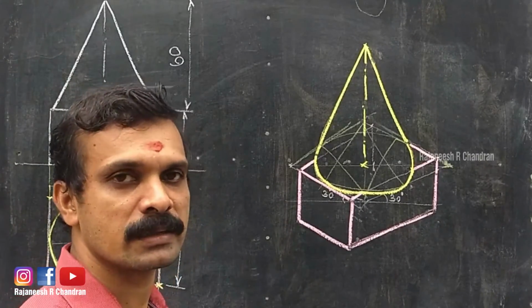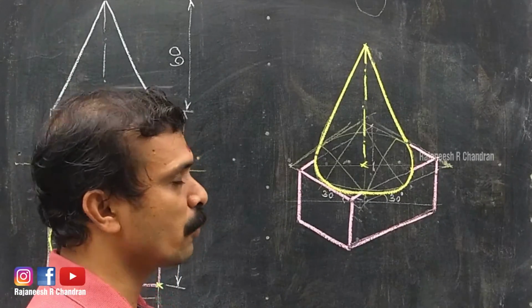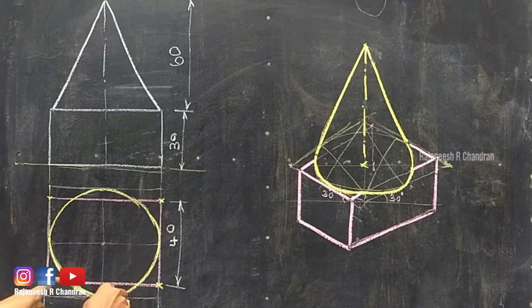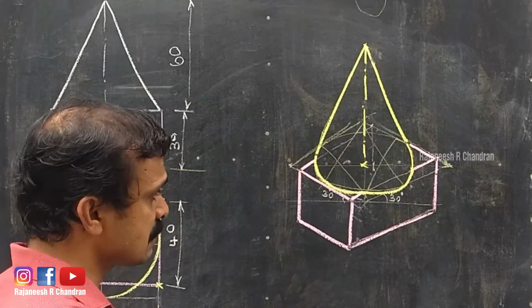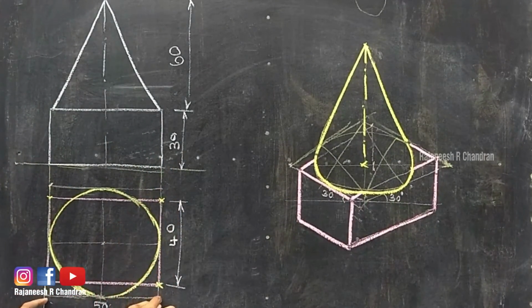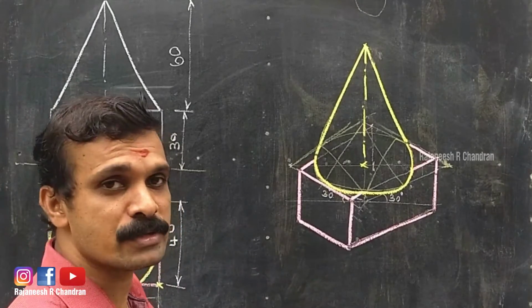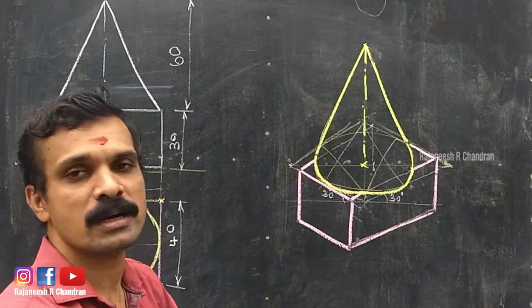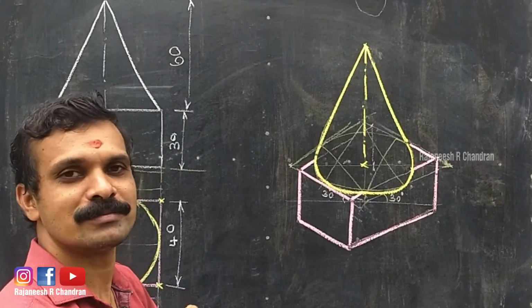That is also one method. That is another method. You can follow any method. If you start from the rectangular block, you can start the isometric of the rectangle like this. On that rectangle, you will get not inside points, these 4 points will be outside points. So you have to mark the outside points. Then you can draw the isometric of the cone.